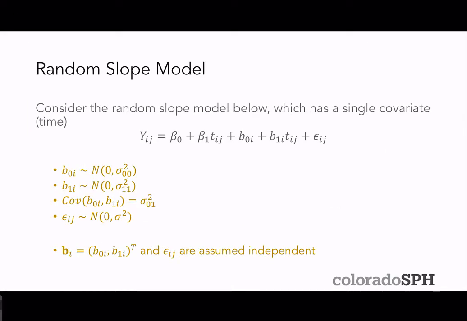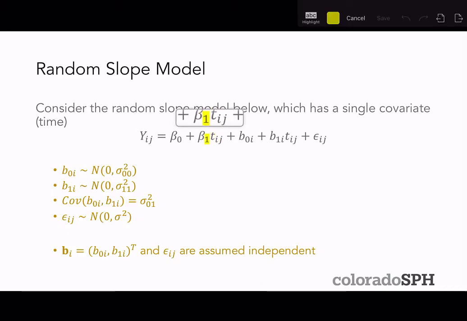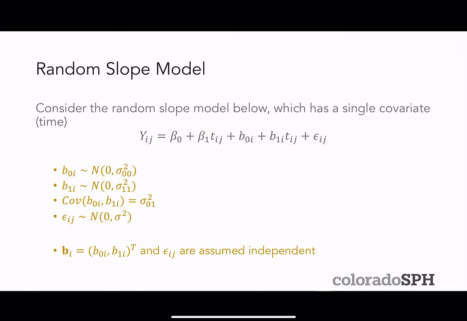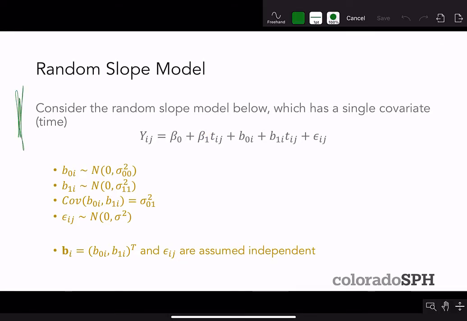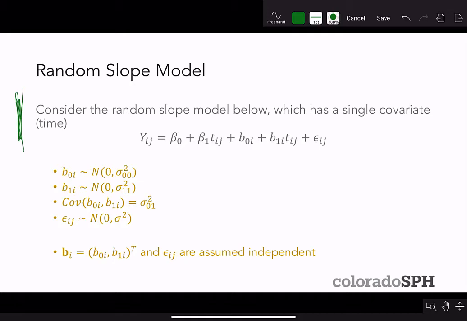So again, I'm taking a simpler form of the model where the only covariate is time. The random slope model for this is given below. We have the same outcome, Yij, and we have Tij, that's your x, your covariate. We have a beta 1, a slope for that x. We have a beta 0, a population level intercept.